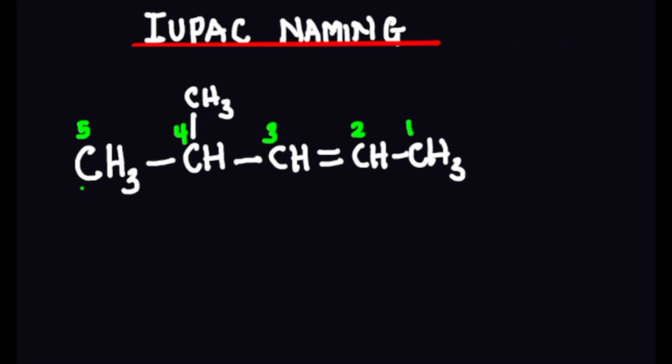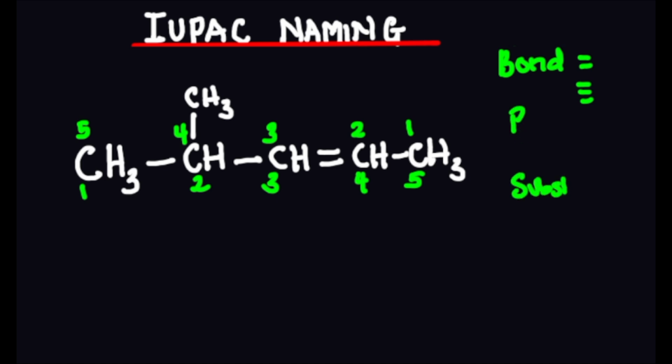Numbering backward, now I'm going to have 1, 2, 3, 4, 5. Then I need to check if there is presence of a double bond or triple bond, and check their position. Then I'm going to check for substituents and their position. So the double bond comes first.